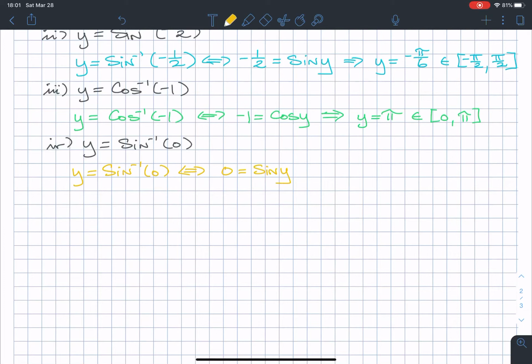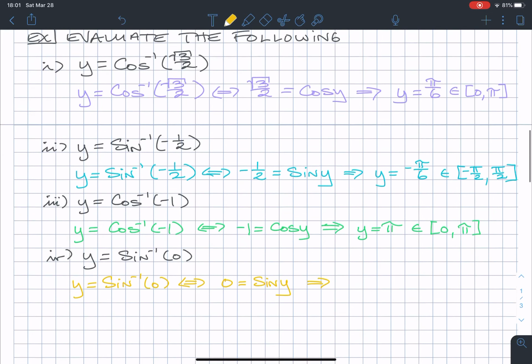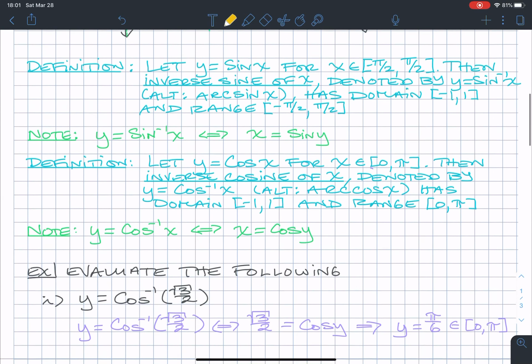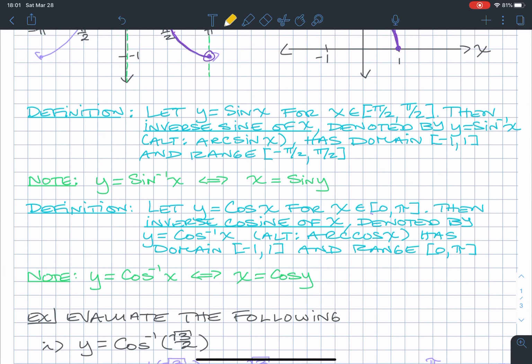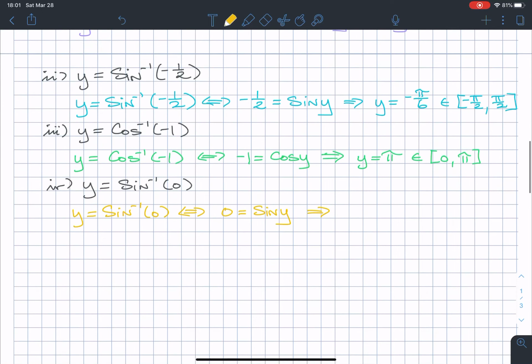We always want to get rid of the inverse. That's our first step. So at what angle, where is sine invertible? Sine is invertible between negative pi over 2 and positive pi over 2. That is in quadrants 1 and 4. So where is sine 0? The y-coordinate is 0 when the angle is 0, and that is indeed between negative pi over 2 and positive pi over 2, so we're okay with that.